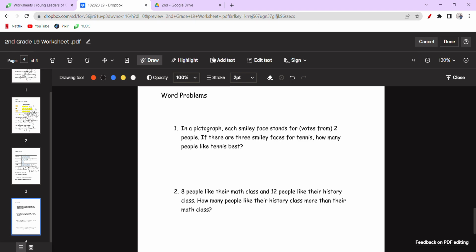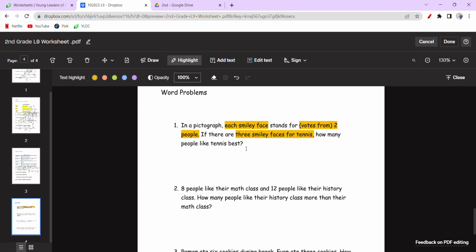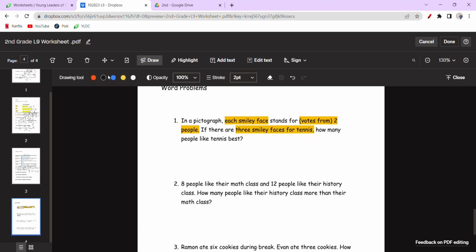And moving on to word problems, we have right here, in a pictograph, each smiley face stands for votes from 2 people. Okay, 1 smiley face stands for 2 votes. If there are 3 smiley faces for tennis, how many people like tennis best? Okay, we had a similar question, so 1 smiley face will equal 2 people, right?